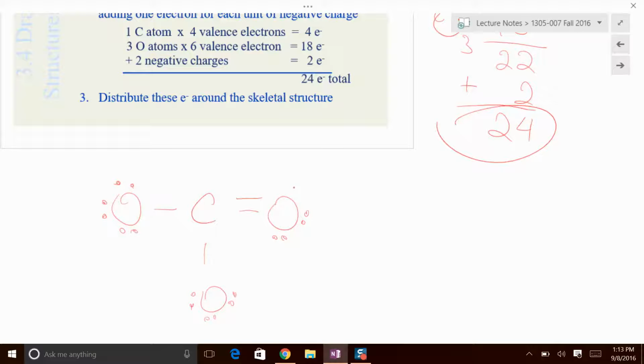That reduces the total number by 2, but it maintains the rule of 8 on everything. 2, 4, 6, 8 on each atom. So this is the correct structure for carbonate.